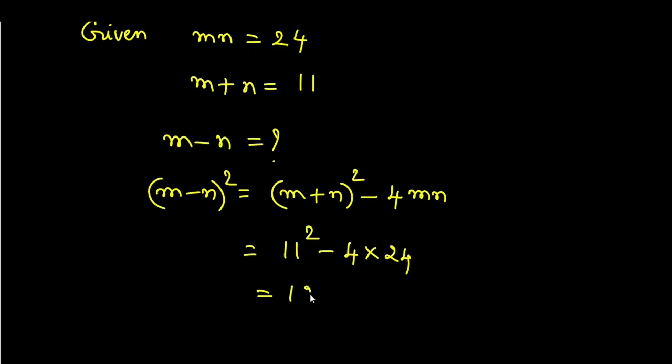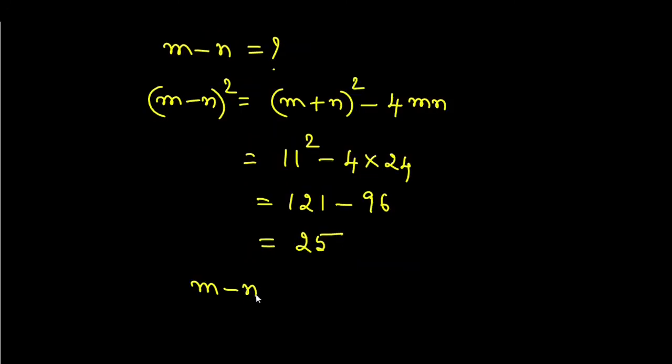We get 121 minus 96. This is equal to 25. m minus n is equal to plus or minus under root 25. So m minus n is equal to plus or minus 5.